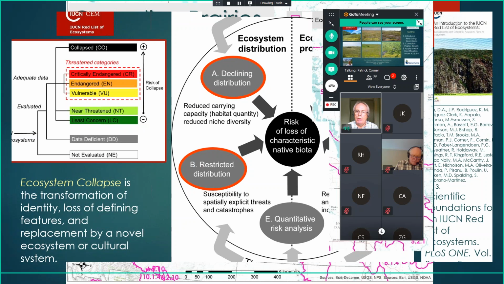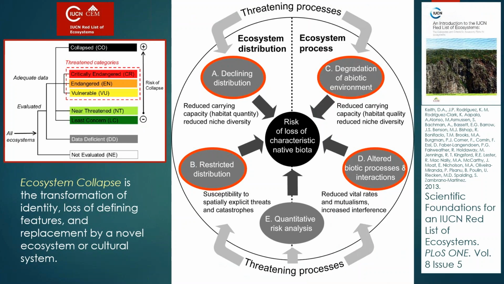We got engaged in this quite a while ago, and the intent is really to build a parallel to the global Red List of Threatened Species. So ideally, we can look at any given ecosystem type and score it: critically endangered, endangered, vulnerable, near threatened, least concern, with a parallel standard to the Red List of Threatened Species.